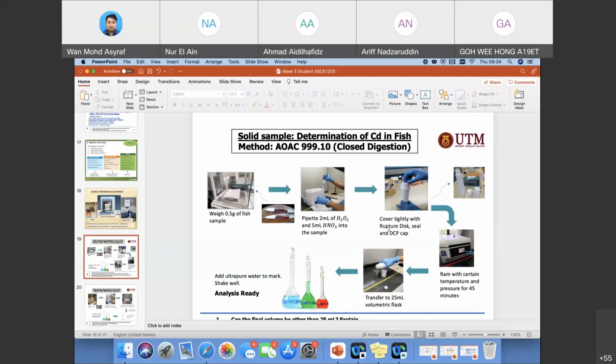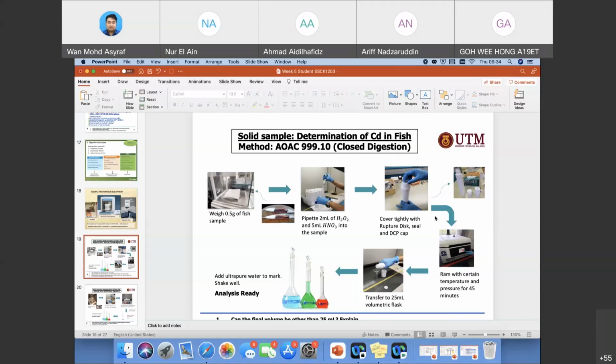All right, so we cover the seal and cover it tightly. And then we put it into this instrument where you can set the temperature and pressure, and you can decide what temperature and pressure you want. Then it is left for 45 minutes.